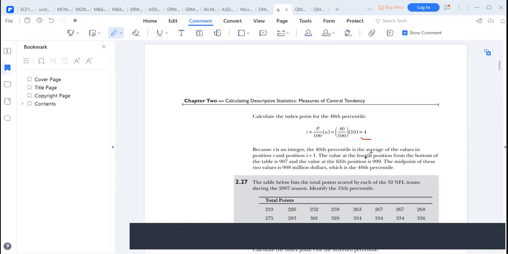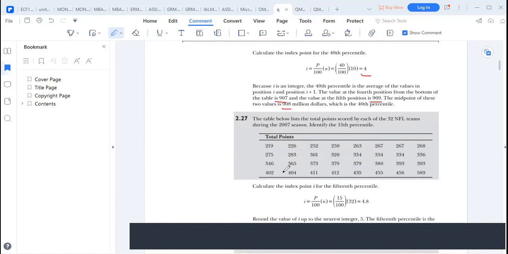The fourth position from the bottom is 907, and the value of the fifth is 909. So the midpoint of the two, since this is an exact number, we average these two and we get 908.